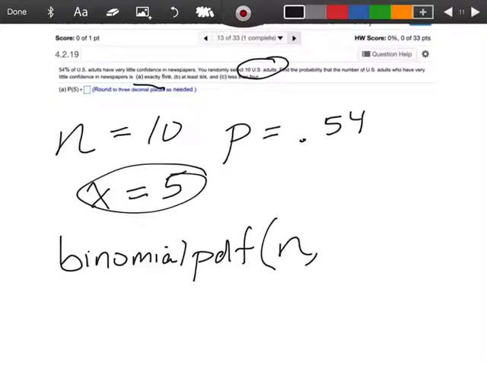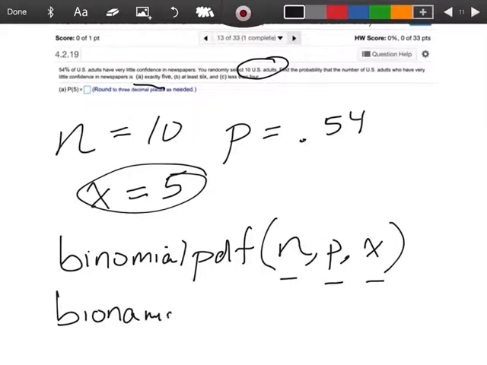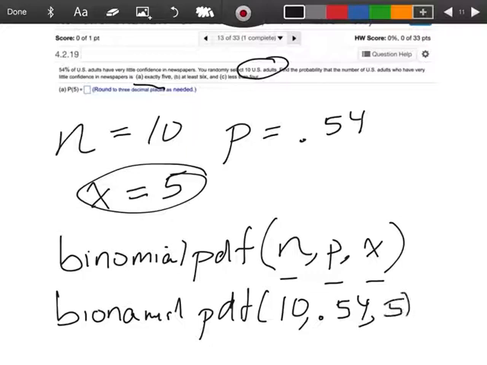The way I enter my numbers is N, P, and then X. So I'm going to say binomial PDF, my N is 10, my probability is 0.54, and my X value is going to be 5.